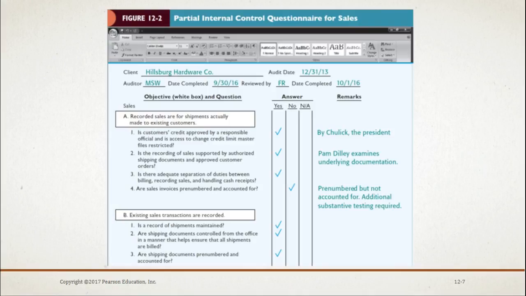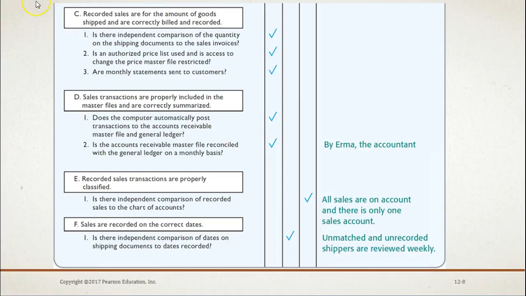The same is true for all other audit areas. This illustration is the second part of what was previously seen in the previous slide for figure 12-2. You can find this figure on page 370 of your textbook.